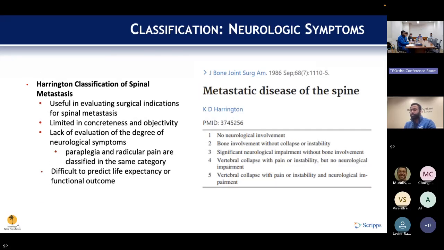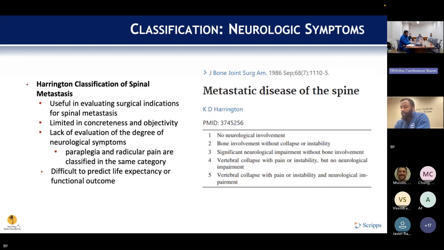Another classification system, based on neurological symptoms more than anatomic location, is known as the Harrington classification. It's useful in terms of the surgical indications. However, the big downfall of this classification system is that it doesn't have very concrete or objective definitions.